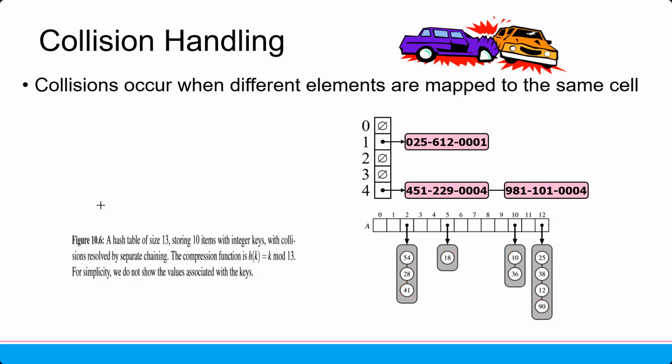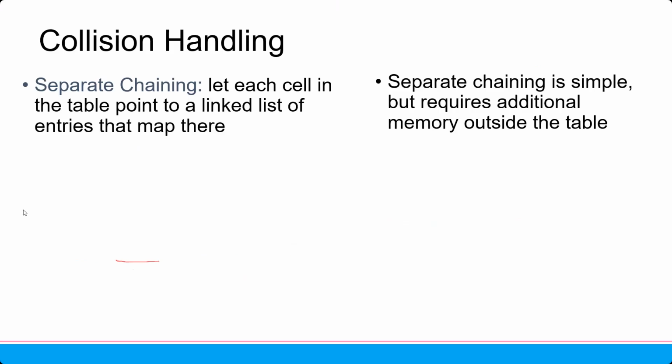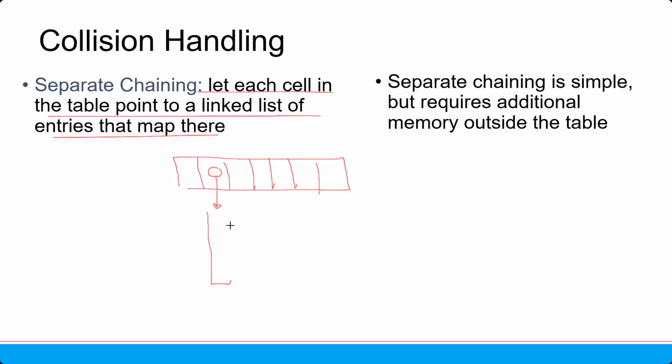With separate chaining, we let each cell in the table point to a linked list of entries that map there. So in every cell there might be a linked list.